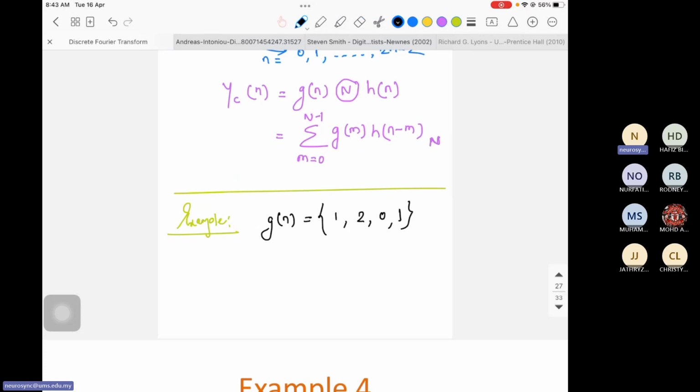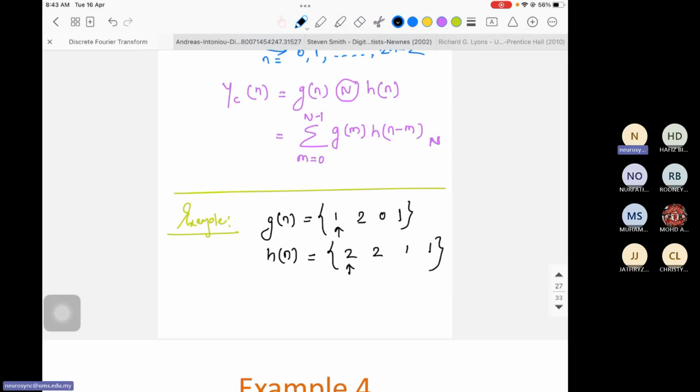No need to write commas. Let us say h of n is 2, 2, 1, 1. The arrow represents the start of the sequence at n equal to 0.